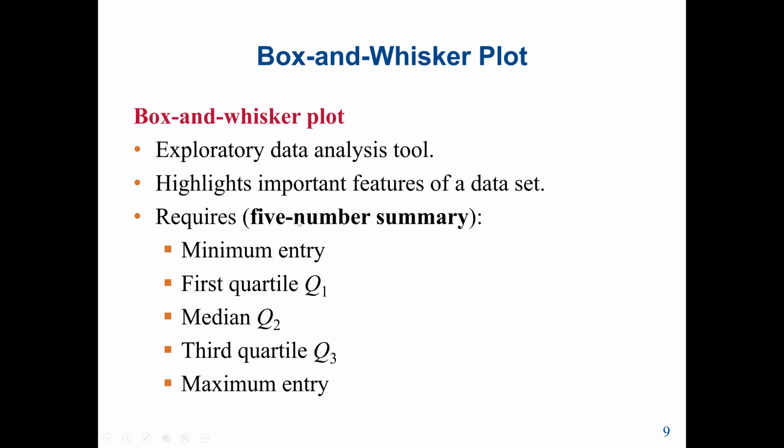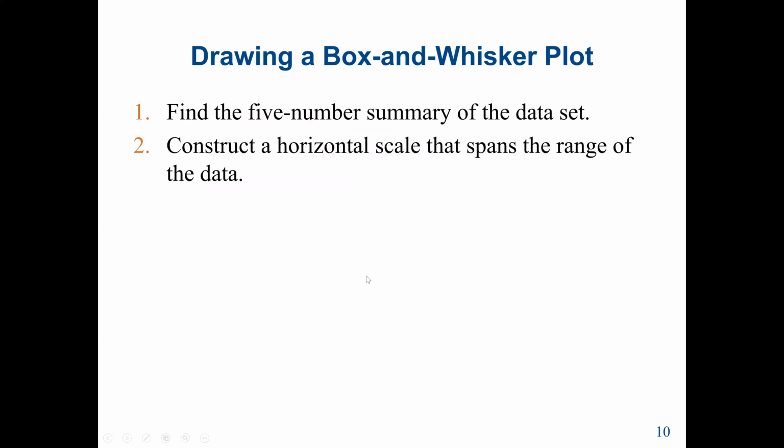So we need at least 5 numbers. As we said earlier, the minimum value, Q1, Q2, Q3, and the maximum value. And this is how, so the steps are that first we have to find the 5-number summary of the data set, which is the minimum, maximum, Q1, Q2, and Q3.